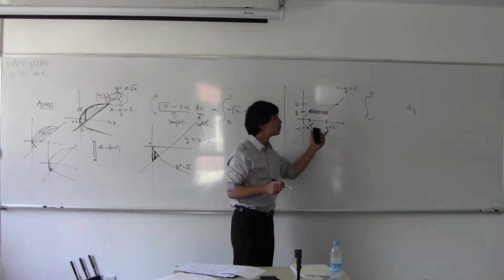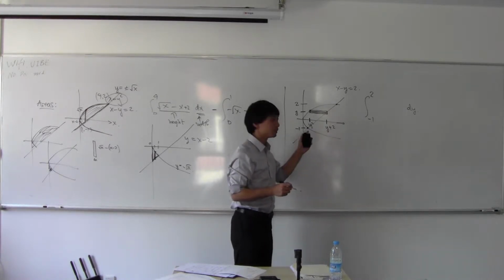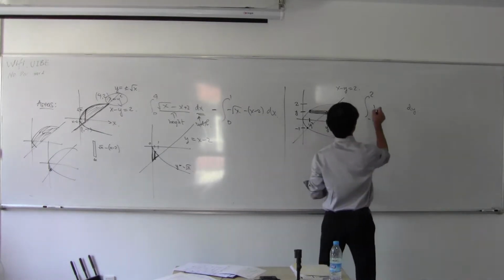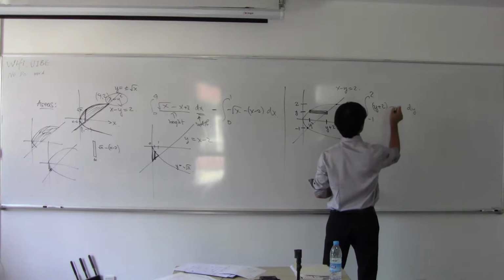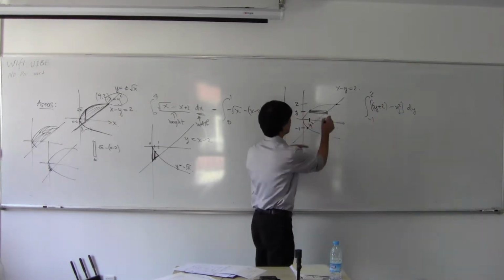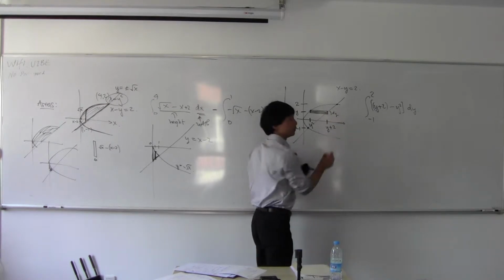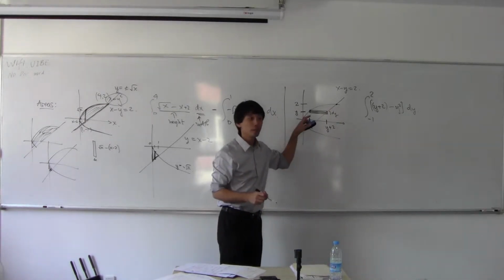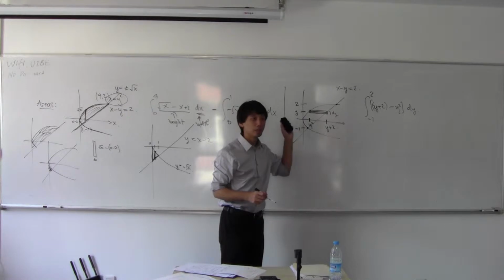Y plus 2 minus x, y squared. So you get y plus 2 minus y squared, and then you have this dy. The dy is the infinitesimal height. Everyone okay with that?